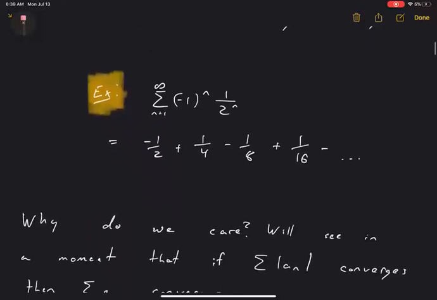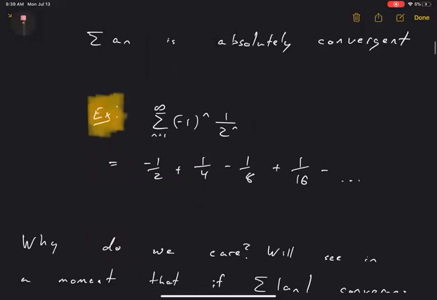Let's see an example real quick. We could have (-1)^n times (1/2)^n. This is an alternating series, but it's really a geometric series.